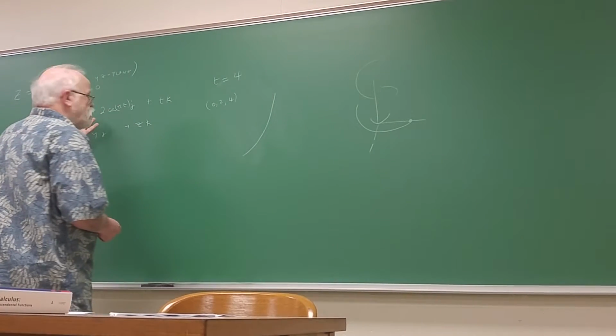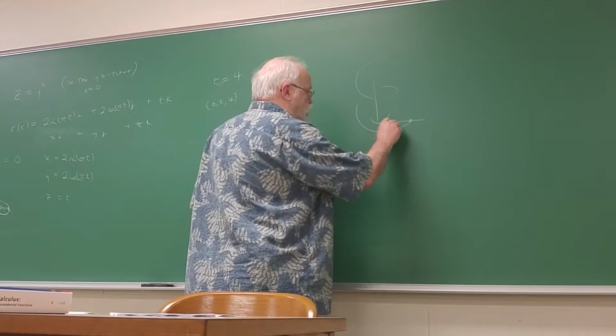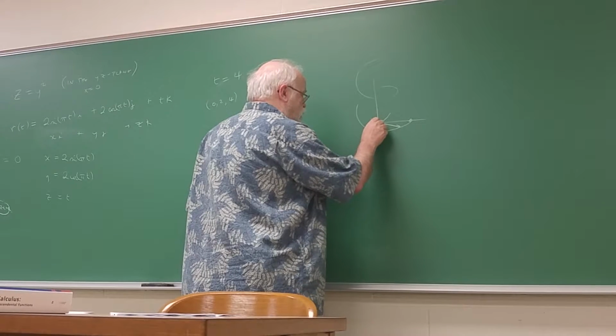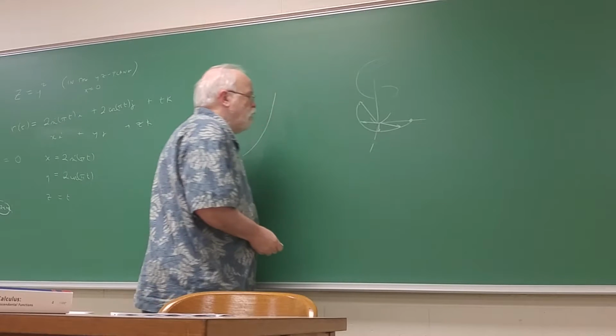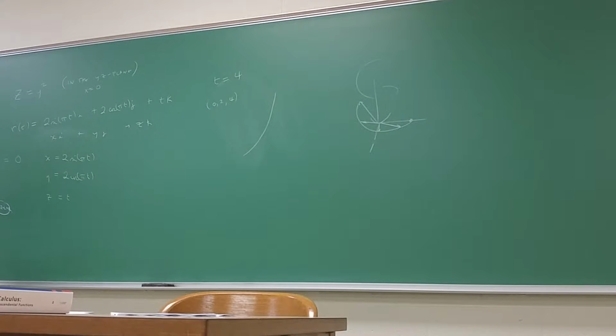So these vectors point from the origin to points on the curve, and this gets a little bit higher, a little bit higher, etc. When you're using a vector valued function to describe a curve, the tails of the vectors are always at the origin, and the heads of the vectors describe the curve.